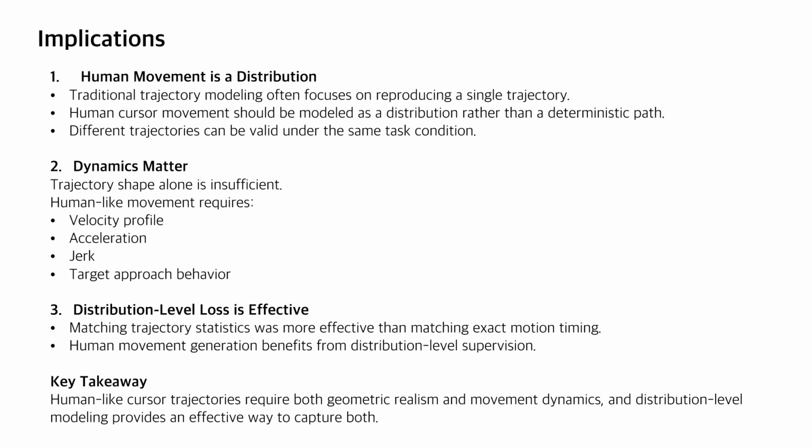Human-like behavior also depends on velocity, acceleration, jerk, and target approach dynamics. Third, our results show that distribution level loss functions are more effective than pointwise dynamics reconstruction for preserving realistic movement characteristics. Finally, this approach may help reduce the cost of collecting large-scale user data by enabling the generation of realistic synthetic causal trajectories.